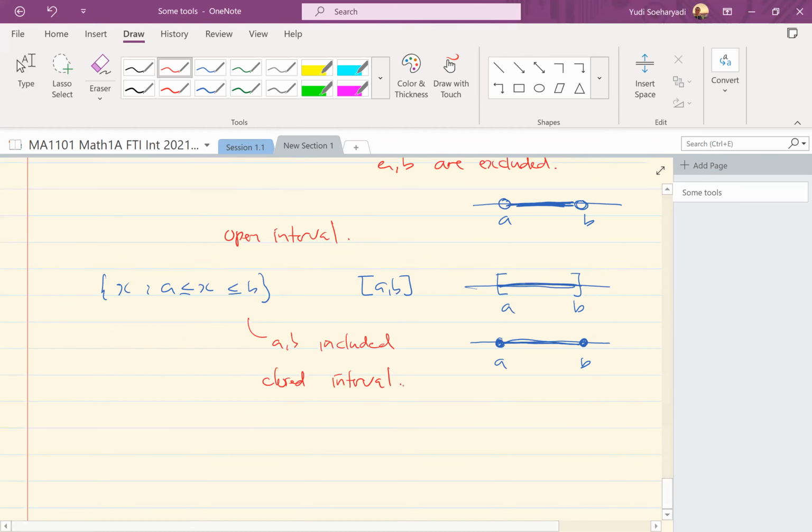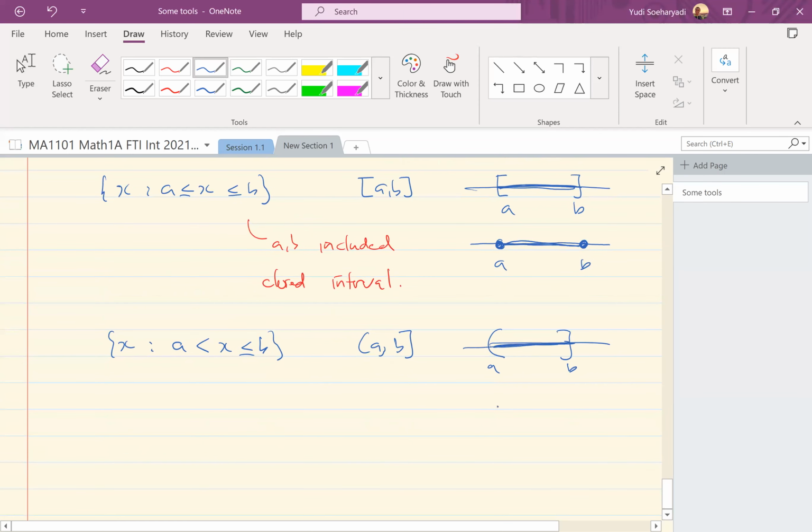And you have also this one. A excluded, but B included. Right, this interval notation is A excluded, B included. Okay, so here we have A excluded.